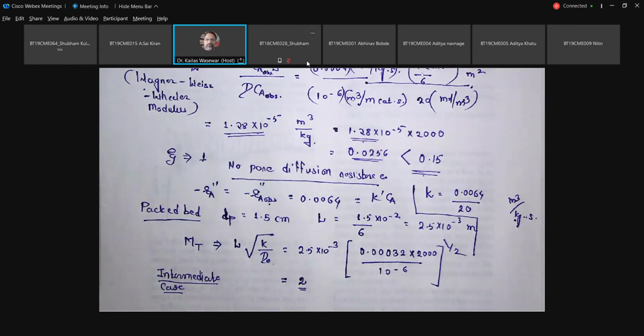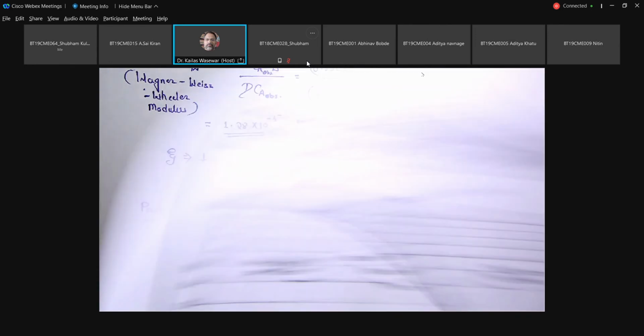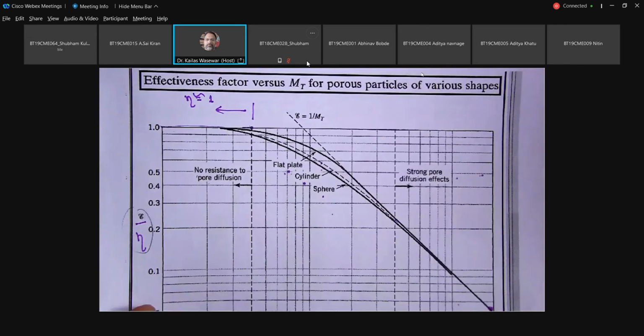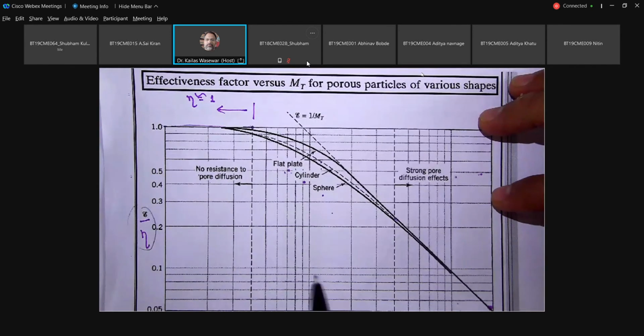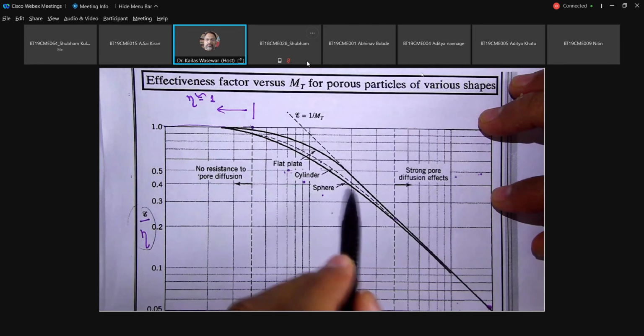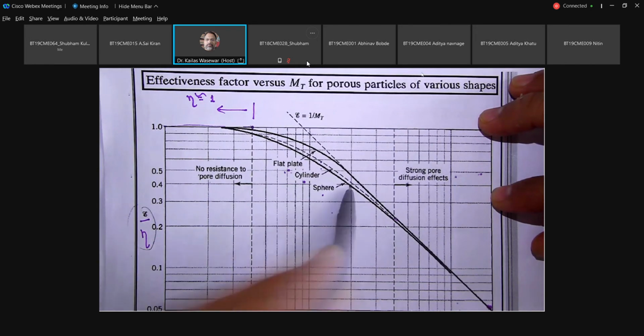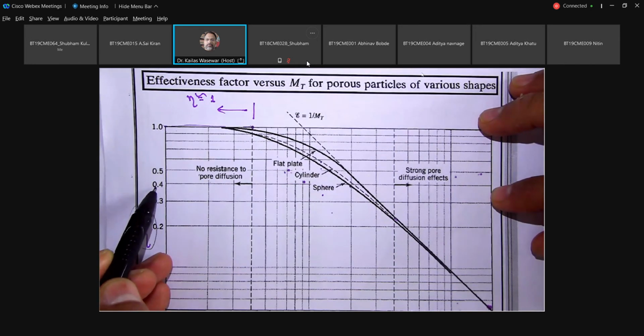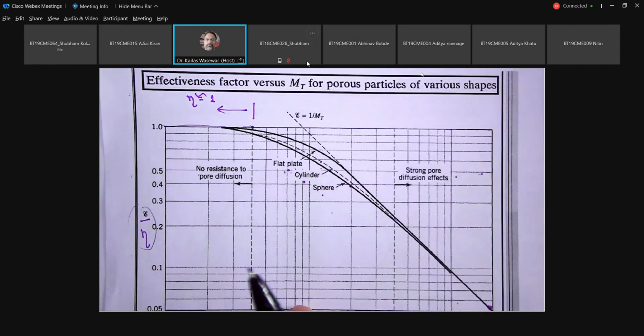Okay, so using the particular figure, where is that figure? You can get it for the 2. Yes, from this figure, for the value of 2, for a spherical particle, it is coming to be 0.4. Effectiveness factor is 0.4.